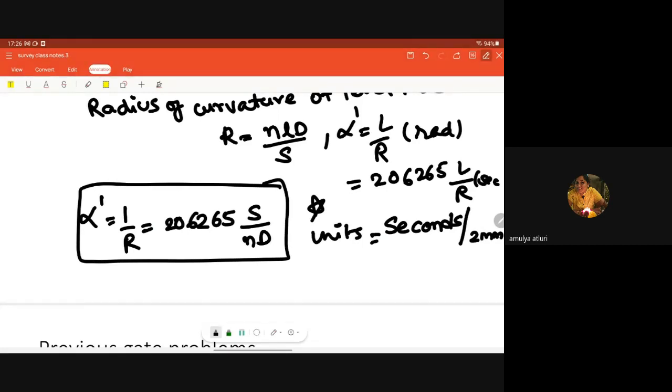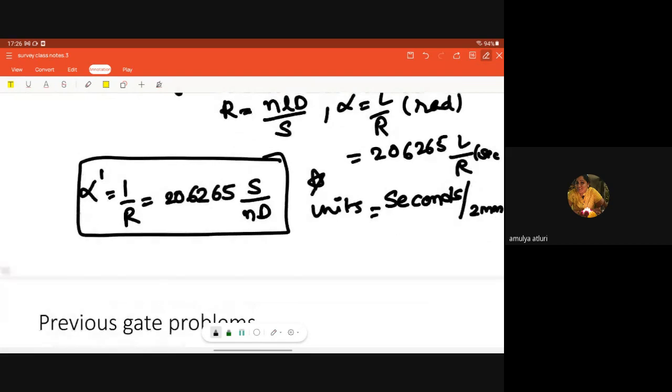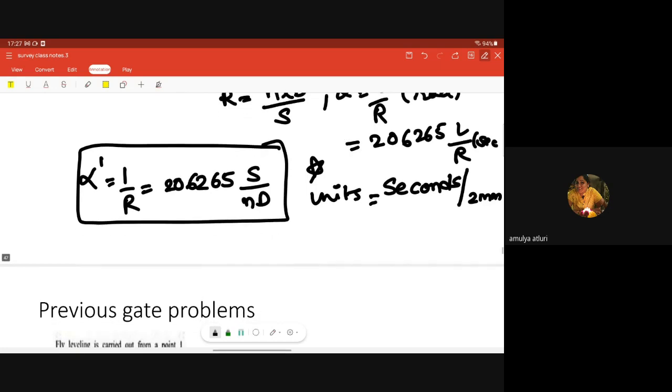So sensitivity depends upon what factors? Sensitivity depends upon increasing the radius of the level tube, increasing the diameter of the tube, increasing the length of the tube, decreasing the roughness of the wall, and decreasing the viscosity of the liquid in that level tube.